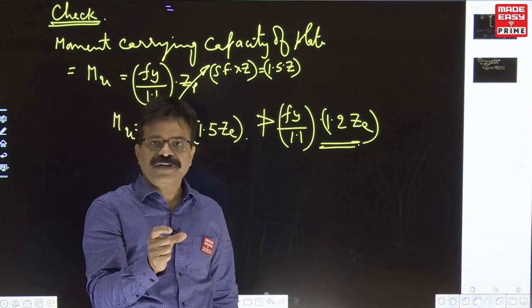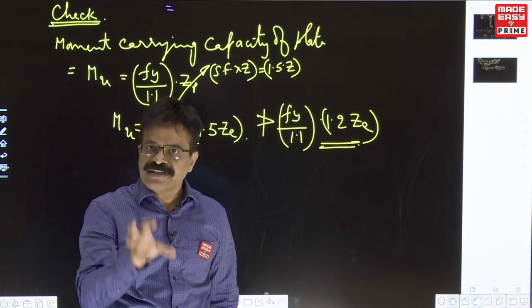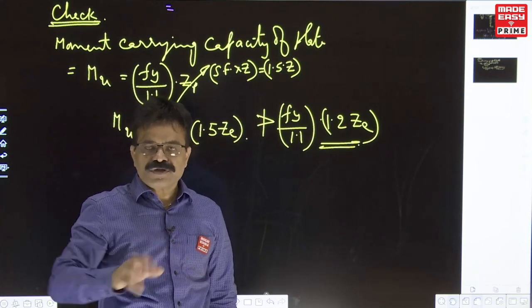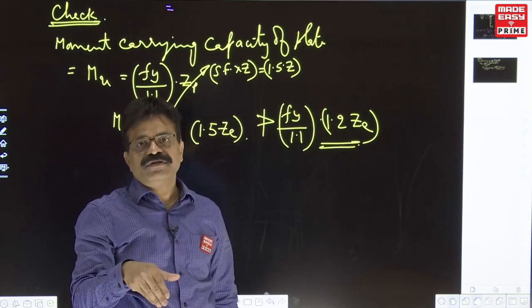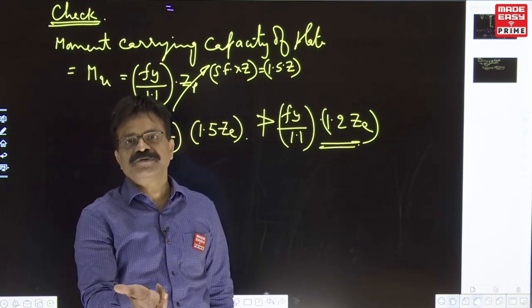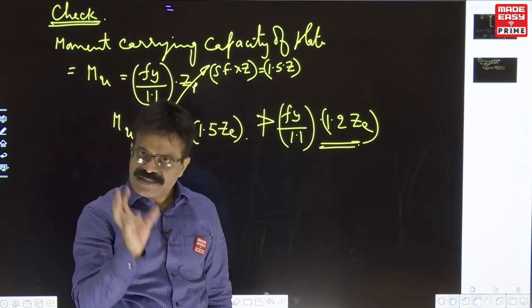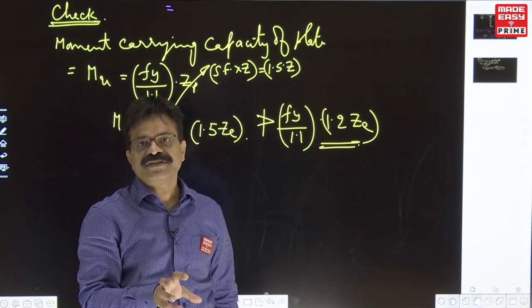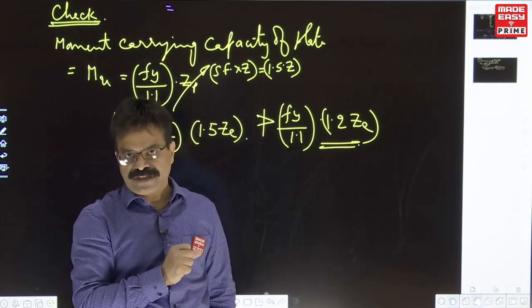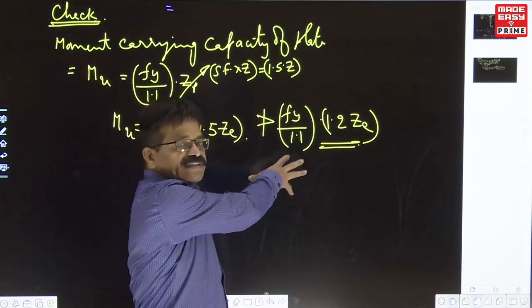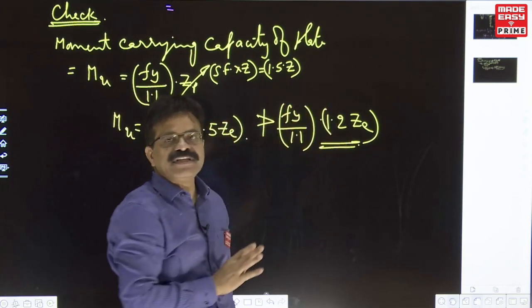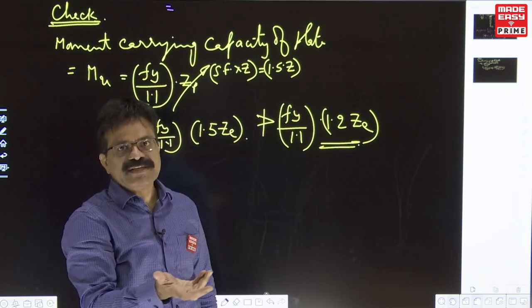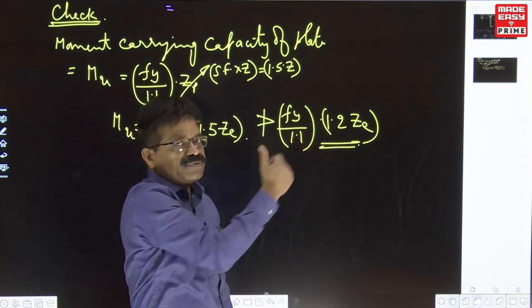If you take 1.5 into Ze and accordingly find Mp and Mu, with heavy load applied, plastic deformations will take place even under working load conditions. Just to avoid plastic deformation when working loads are applied, we restrict the plastic moment capacity by taking only 1.2 Ze. If you take an I section it is anyhow 1.12 only, so we never worry.